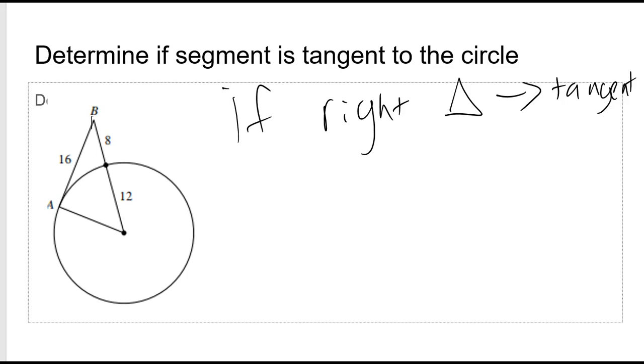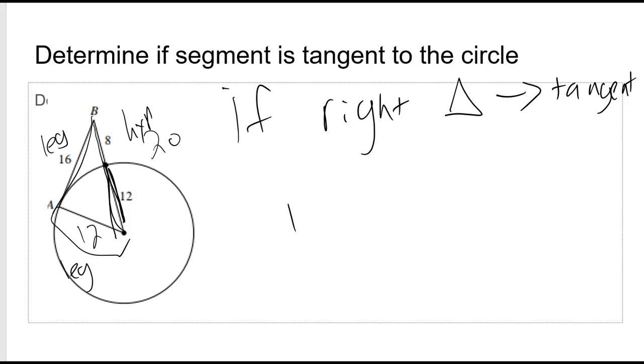Look here, I have a 16, which is this side length. From here to here, it should be 20, and I got 20 because I took 8 plus 12. Now the question is, what's this side length here? Well, you should notice that this is a radius, and so is this one right here. So 12 is the radius here, that means this is 12 right there. So notice that this will be the leg, A, this will be the leg, B, this is the hypotenuse, C. So let's plug everything in.